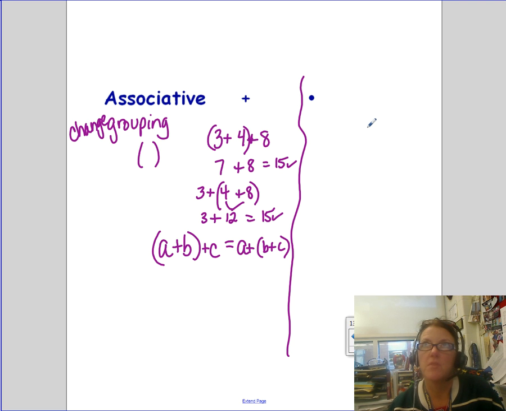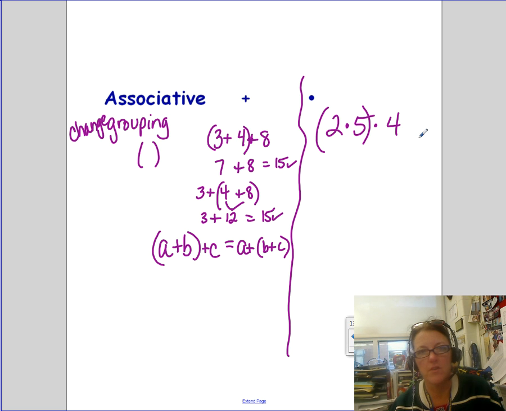Let's get a couple numbers like 2 and 5 and 4. If I tell you to group the 2 and the 5 together first, that means I do 2 times 5 is 10, and 10 times 4 is 40.